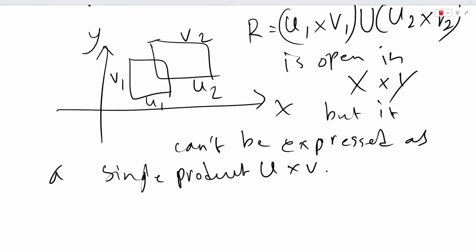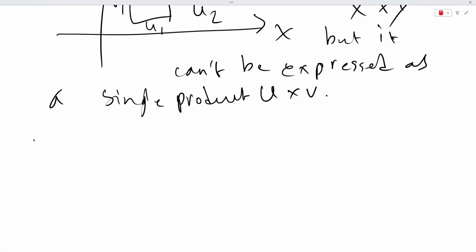Any product U times V must project to one interval in each factor, but R projects onto U1 union U2 in X and V1 union V2 in Y, neither of which is connected, so no single product accounts for R. So also let's look at some examples of product topology.